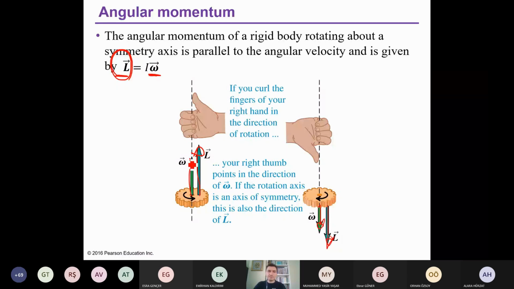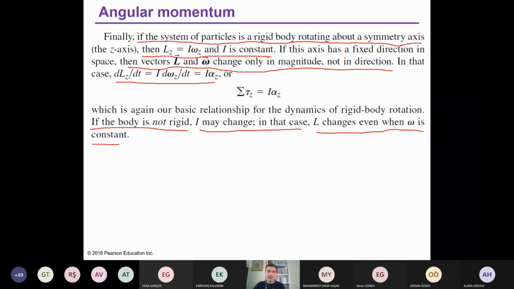And here, let me give you another piece of information. Let's consider a system of particles, many particles in a rigid body rotating about a symmetry axis, then the angular momentum is given with this one, I times omega z. And let's consider that the body is a rigid body rotating about a symmetry axis and the rotation axis does not change, then this moment of inertia is constant, okay?